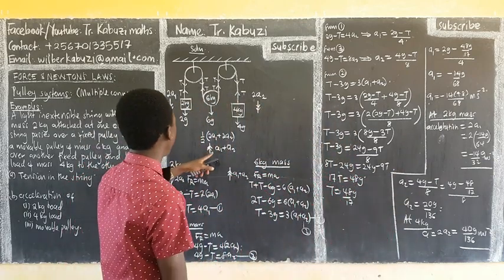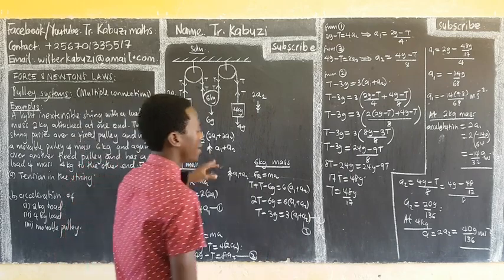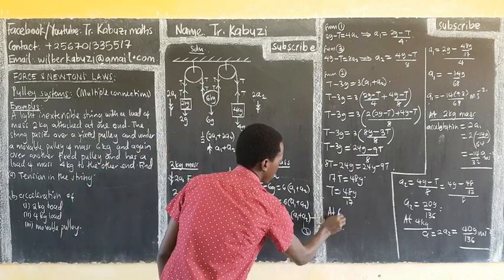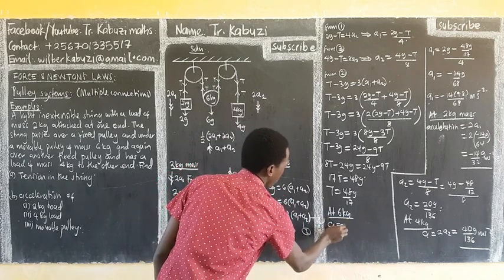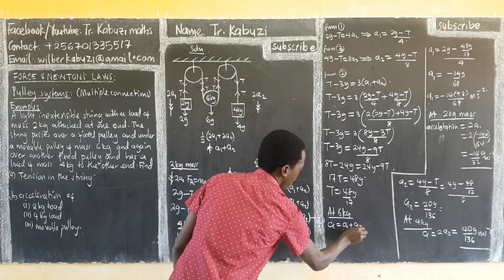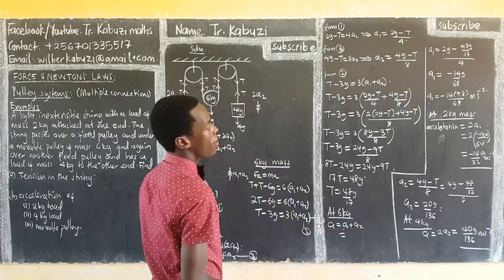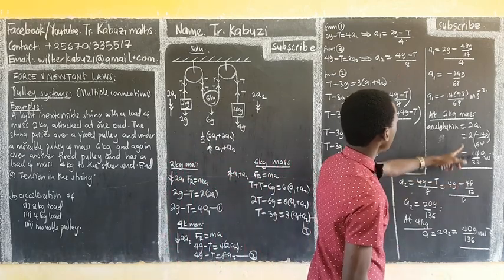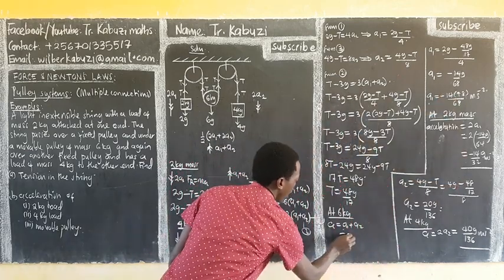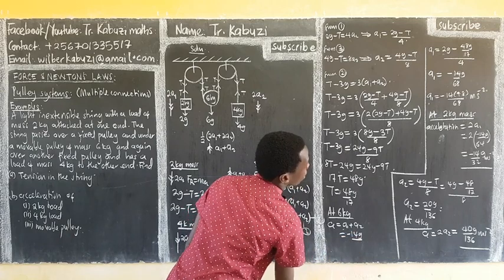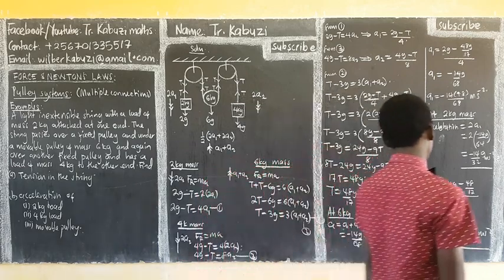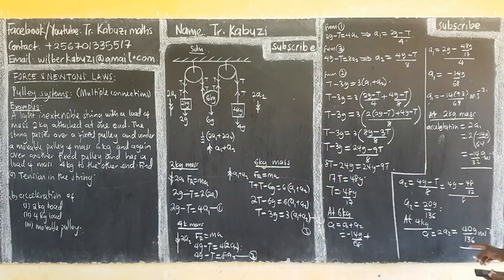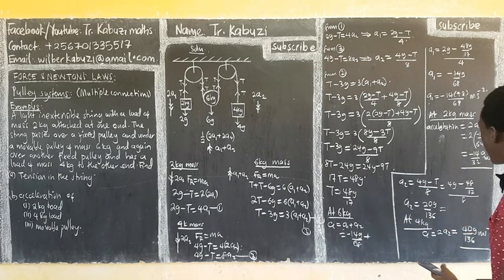Then we come for this direction here at the 6 kg. Then our acceleration, we said it's going to be A1 plus A2. Our A1 is there, negative 14g, the whole over 68, then plus, I think this one you can also reduce by 2.